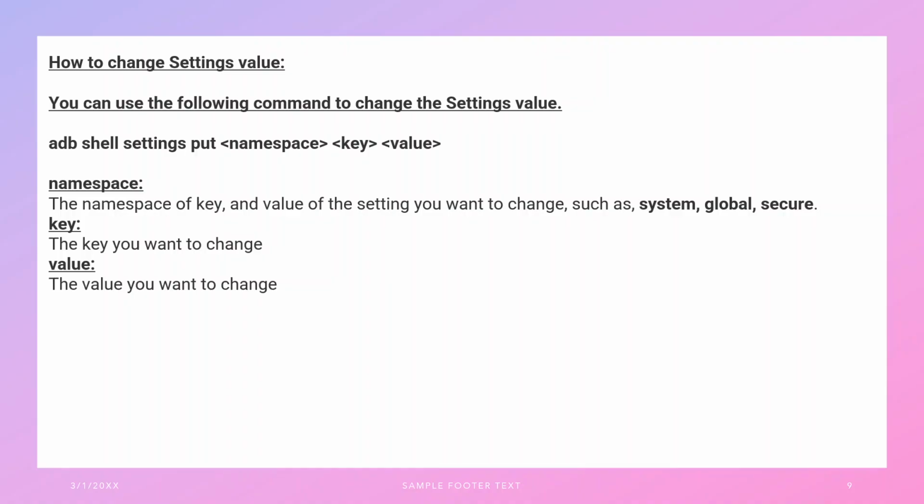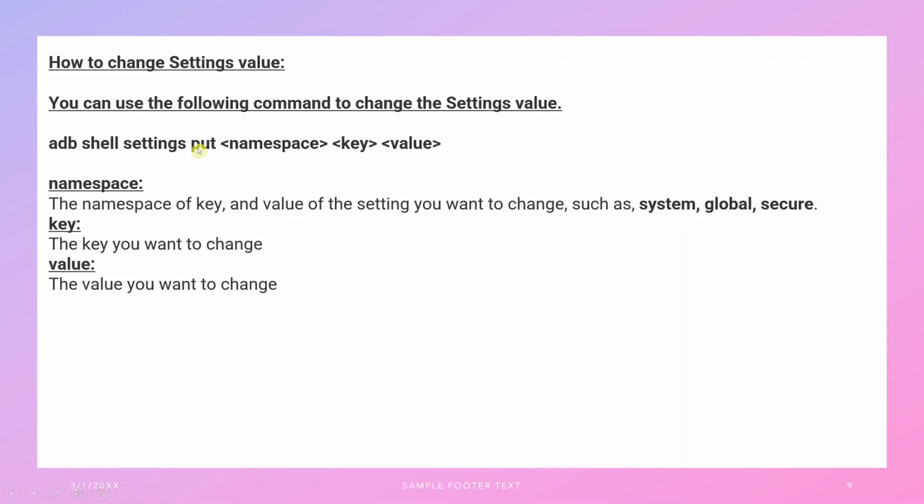Once you understand this command, it's easy to understand the command we use to rotate the device screen. Here adb shell is the command, and we are changing the settings. In our case, we are using the simulator here. So we use the keywords settings and put.